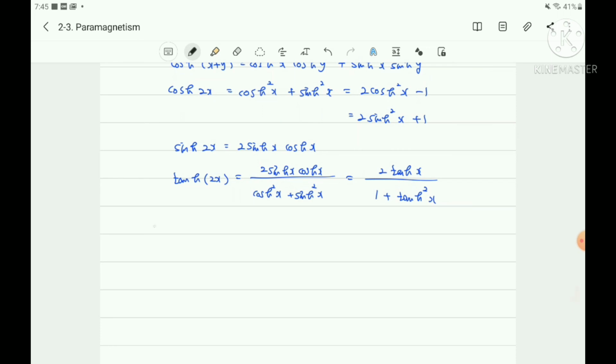Here, let's take an example for the case J equal 1/2, gJ is 2, and magnetic field is 1 Tesla.